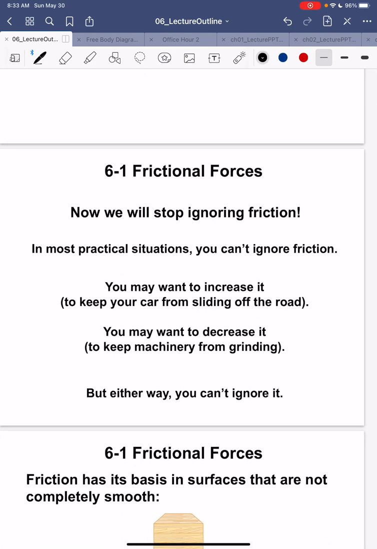First, I will say we will not ignore frictional forces, of course, because frictional force is one of the forces that cannot be ignored. It's like it's always there.